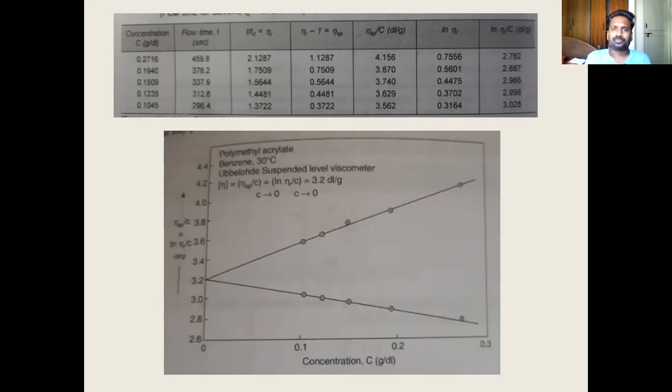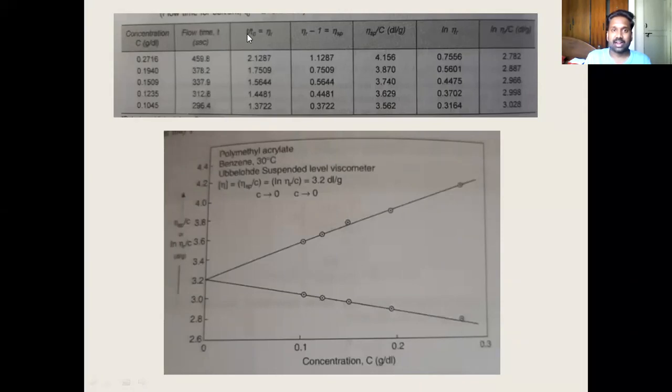Now, you see this. These solutions, what you are making, are of varying concentrations, right? Of varying concentrations. See this? Now, for every concentration, you have to calculate the time of flow. The viscosity equation is not required here, because I told you relative viscosity can be expressed as t by t naught, also in my previous slides.